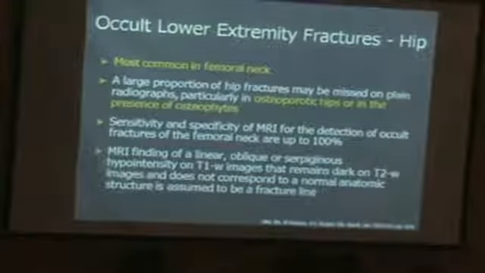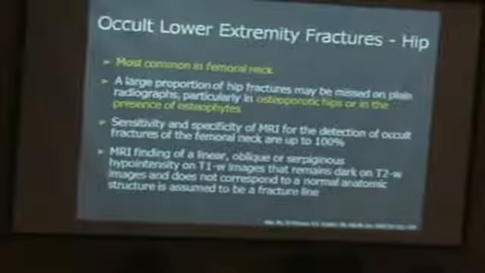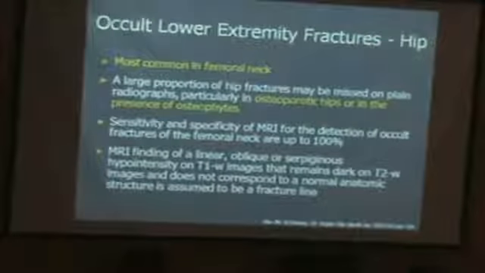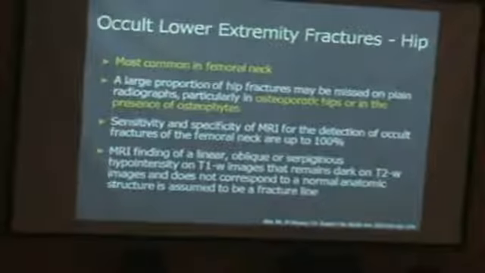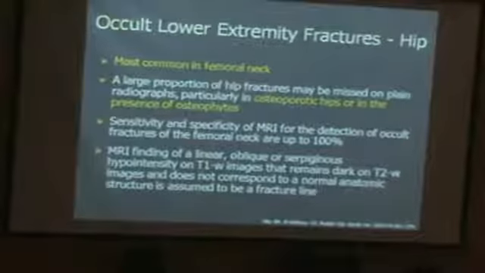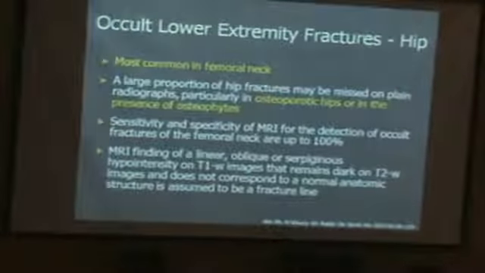When it comes to MRI, the sensitivity and specificity for detection of fracture will be 100%. That's by the article published by George Alcouri from Iowa University. We know as radiologists, it's a really very good method to diagnose fracture of the hip.